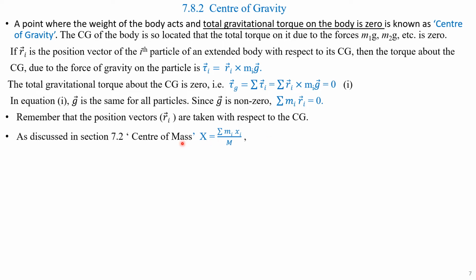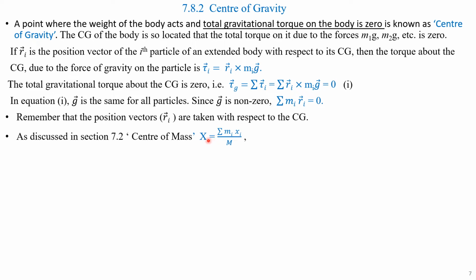We have discussed the center of mass in section 7.2. According to that, we calculated the coordinates x, y, z in three dimensions as x equals sigma mi xi over capital M, where mi is the mass of the ith particle, xi is the distance, and capital M is the total mass of the body.